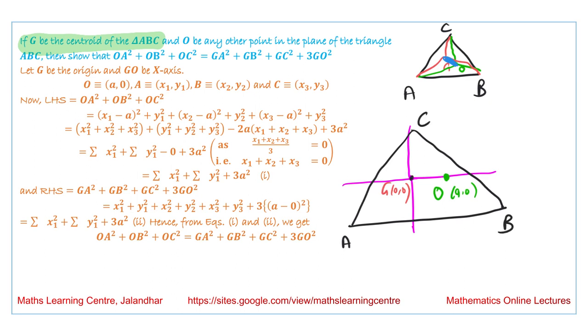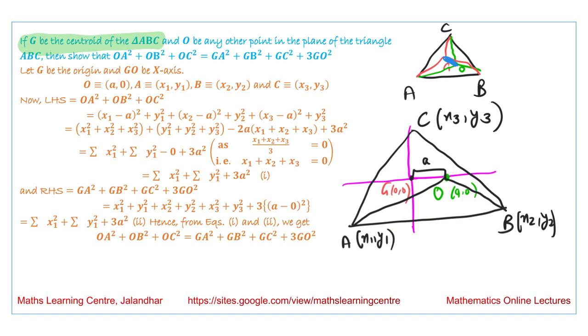Now this length OG, we say it is a. If the coordinates of the point A are (x1, y1), of the point B are (x2, y2), and of the point C are (x3, y3), we calculate the value of OA square plus OB square plus OC square.